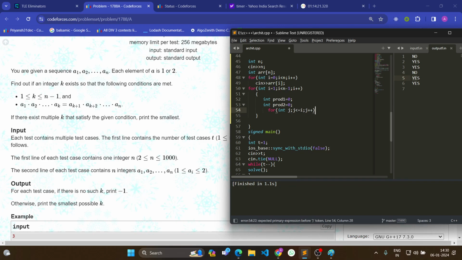j plus plus, prod 1 plus equals to arr[j] is equals to 2. For the same work I will do for the later part: j is equals to i plus 1, j is less than n, j plus plus, prod 2 plus equals to arr[j] is equals to 2.